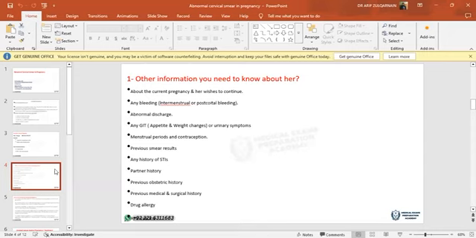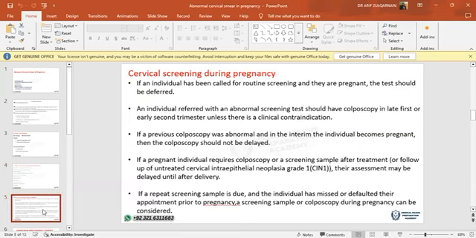Was she having regular periods? Was she using any contraception? What about the previous smear results? Any history of sexually transmitted infection? Her partner history is important. Her previous obstetrical history is very important, and you will ask about the previous medical and surgical history and rule out drug allergy.